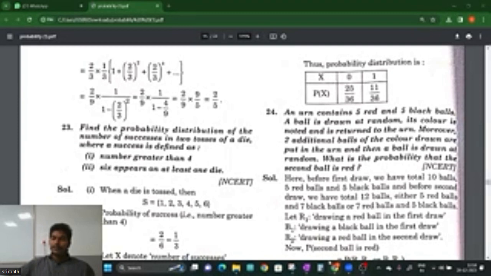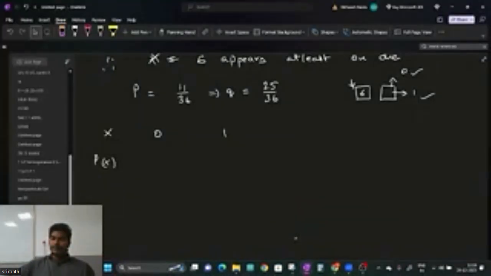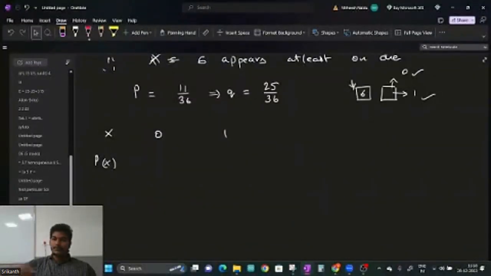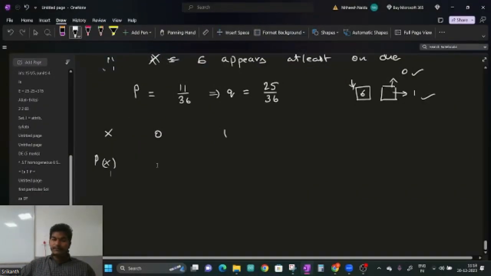For 1 it is 11 out of 36. 0 means total failure, the other die not showing 6, and look at the denominator: both dice are considered. And 1 is the success probability, 11 out of 36. Make a table like this.